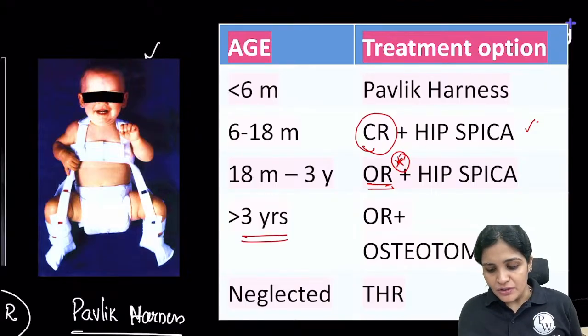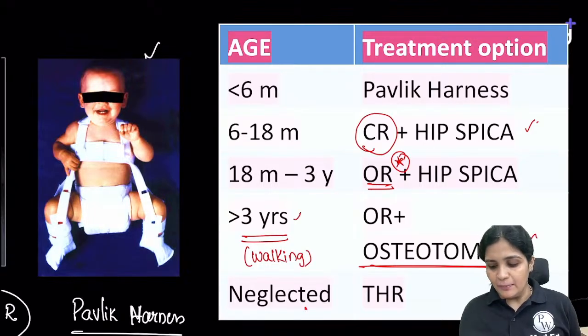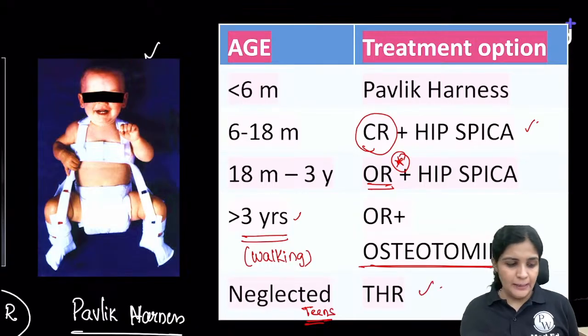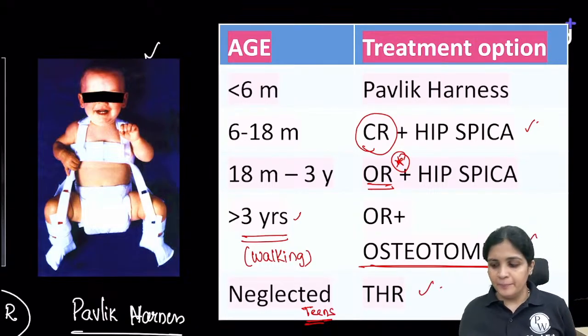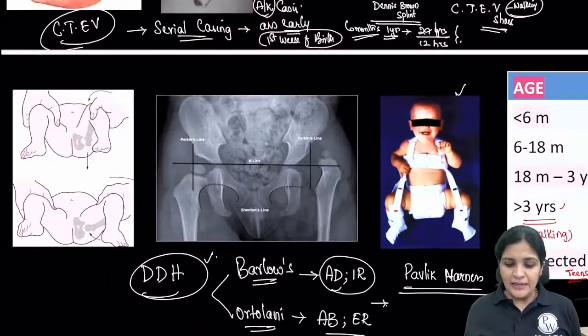If the baby is more than 3 years, that means the baby has already started walking. So here what you do, you go for osteotomies. And finally, if the patient enters into teenage, you go for total hip replacement. Okay. So DDH, what you have to remember is this, that is 2 important screening signs.